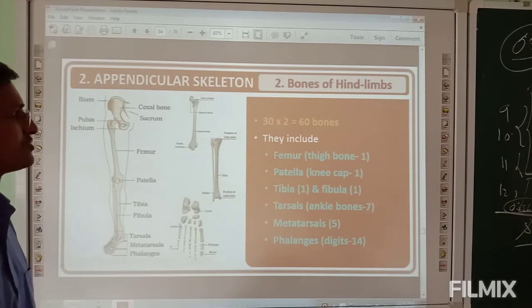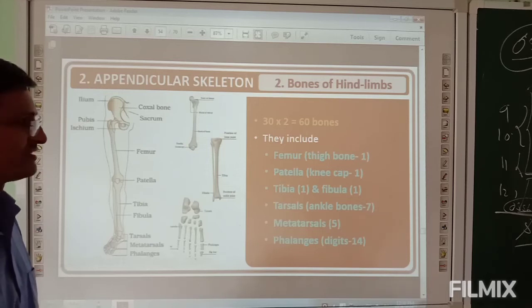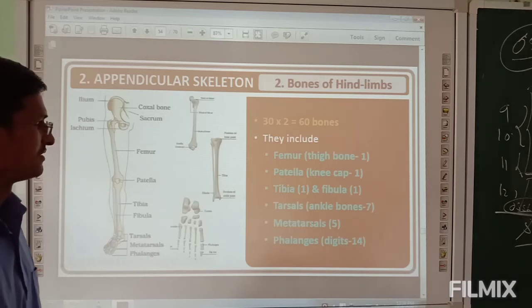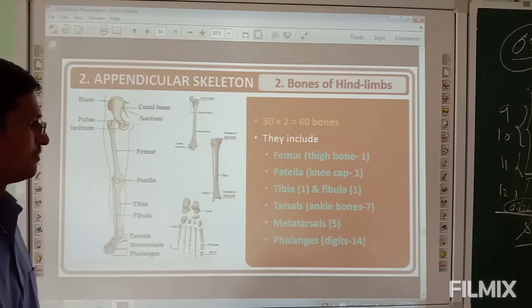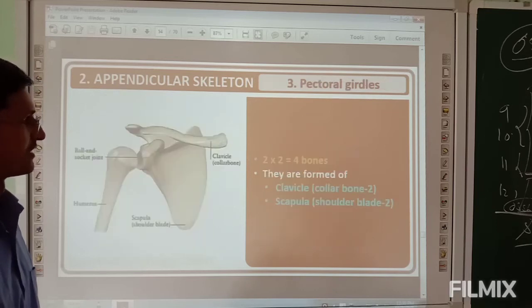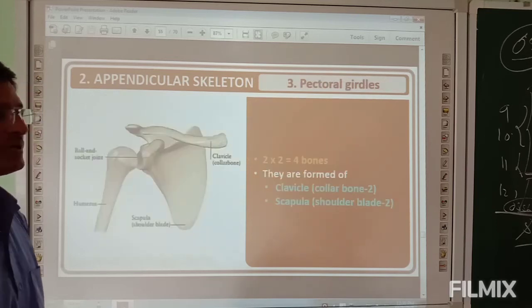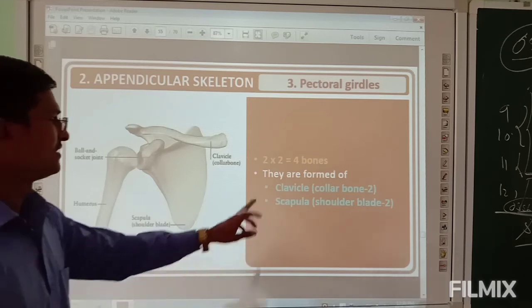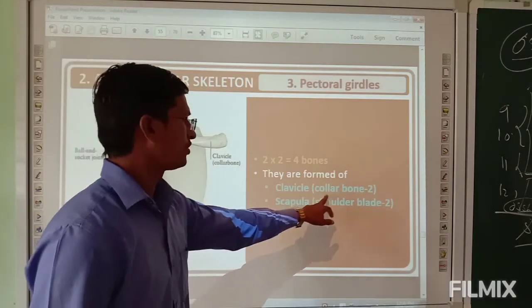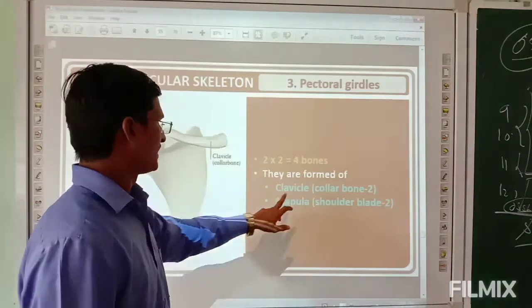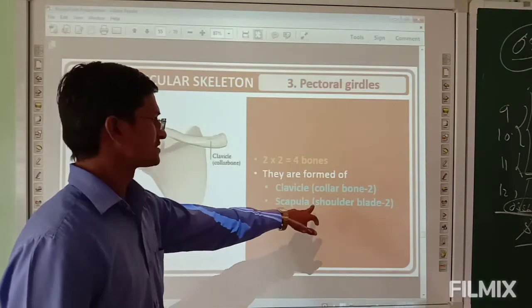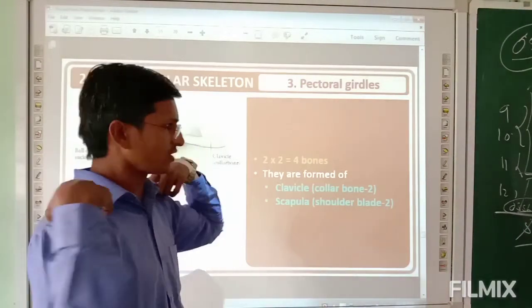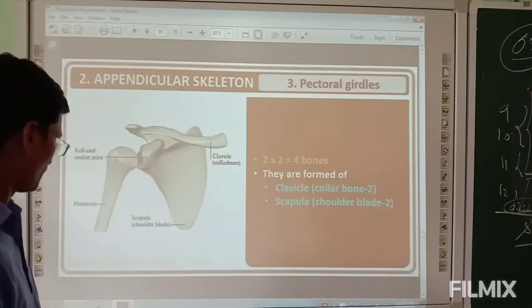Bones of the hind limbs are femur, patella, tibia, fibula, tarsals, metatarsals and phalanges. Next is the pectoral girdle, where 4 bones are there. They are formed by the clavicle, the collar bones, 2 are there, and the scapula, the shoulder bones. This we are talking about.